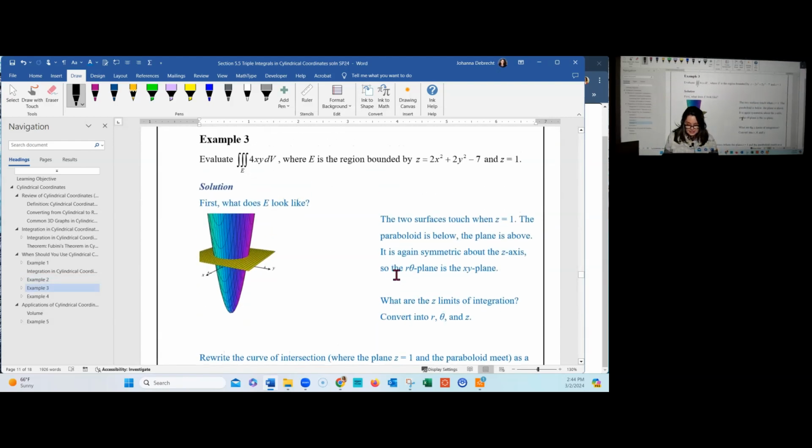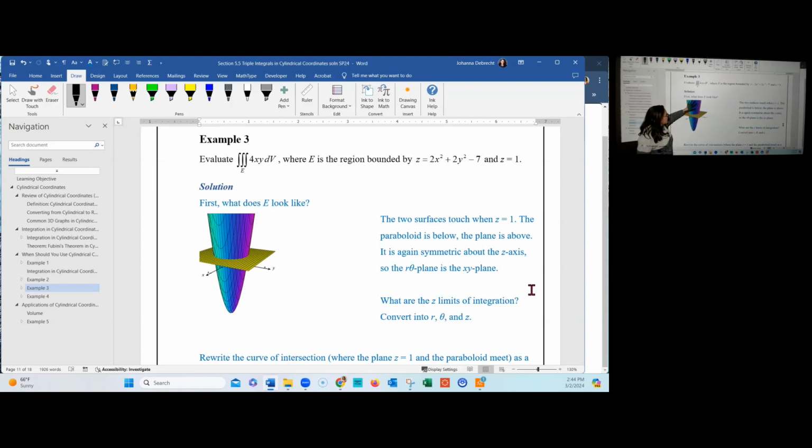Now let's take a look at example 3, where we are told what our function is, and we actually want to integrate and find the true value. We're told that our solid, our blob in three-dimensional space, which is the domain over which we're integrating, is the region bounded by z equals 2x squared plus 2y squared minus 7, which of course is a circular paraboloid pulled down 7, and the plane z equal 1, which is just horizontal and parallel to the xy plane.